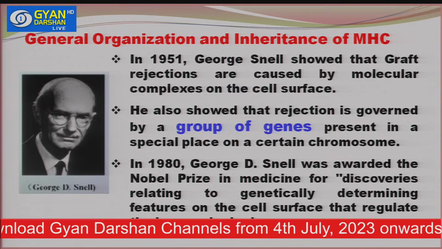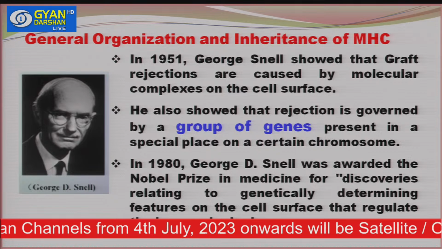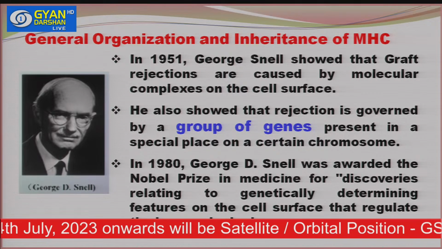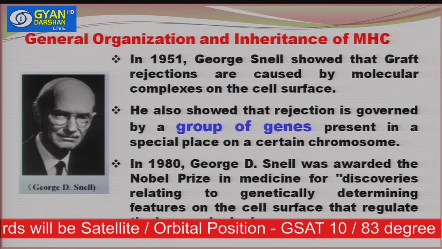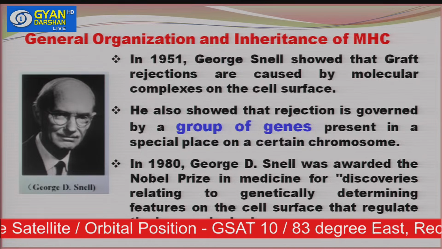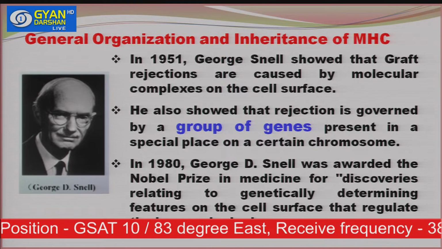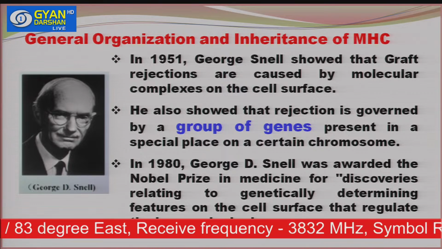There are some very important molecules present, governed by some genes that regulate the immune response. The immune response regulated by certain genes was first discovered by George D. Snell, who was awarded the Nobel Prize in 1980.